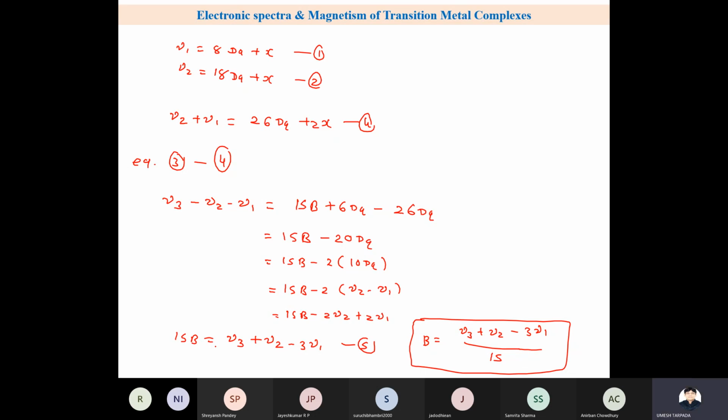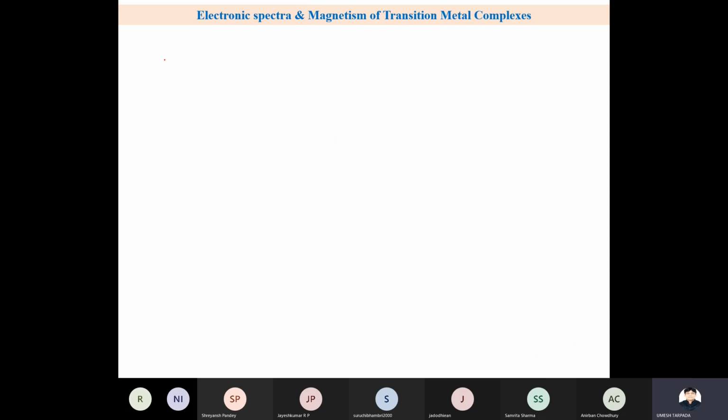Okay, another very important term is beta, that is called nephelauxetic ratio. It is nothing but the inverse of B. It is represented by beta.